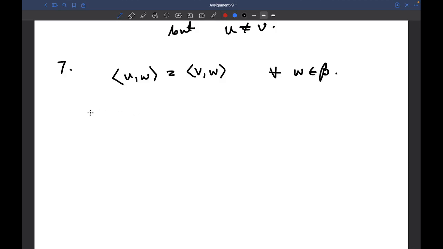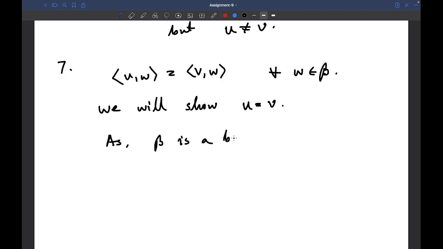We will show U equals V. As beta is a basis of V, which implies span of beta is V, right?